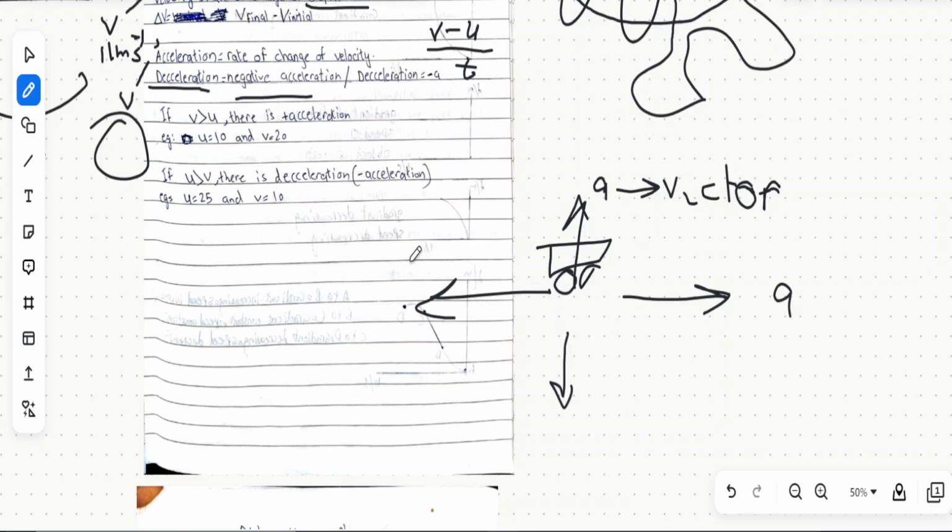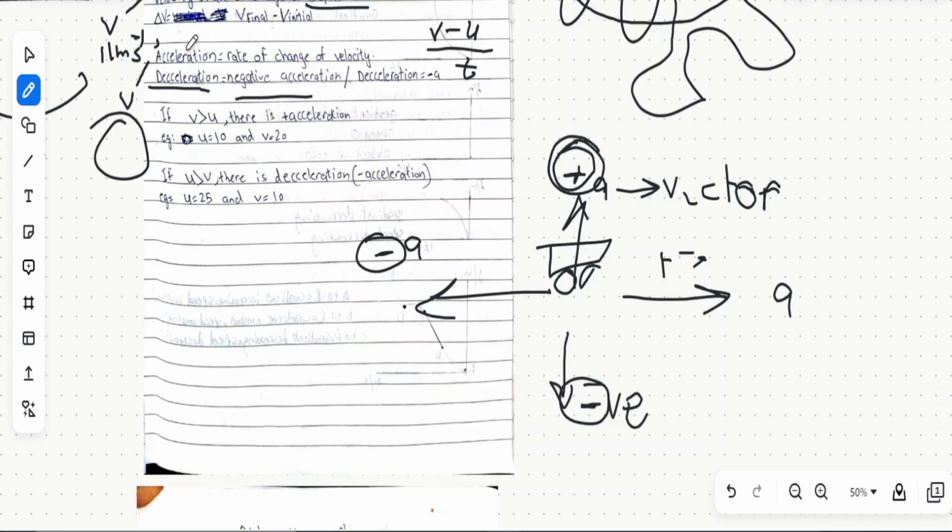Now, in the left direction, I have to say that my acceleration is going to be negative. So, negative acceleration is deceleration. So basically, I can apply the same method in this case. If I'm going up, then my acceleration is positive. If I'm going down, my acceleration is negative. So remember that all the directions must have signs. Usually the right side is positive and the left side is negative, and the up side is positive, the downside is negative.